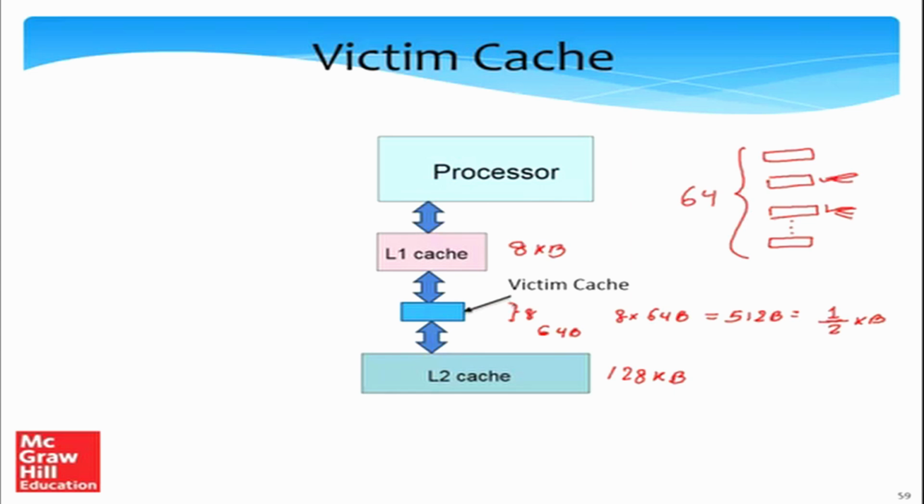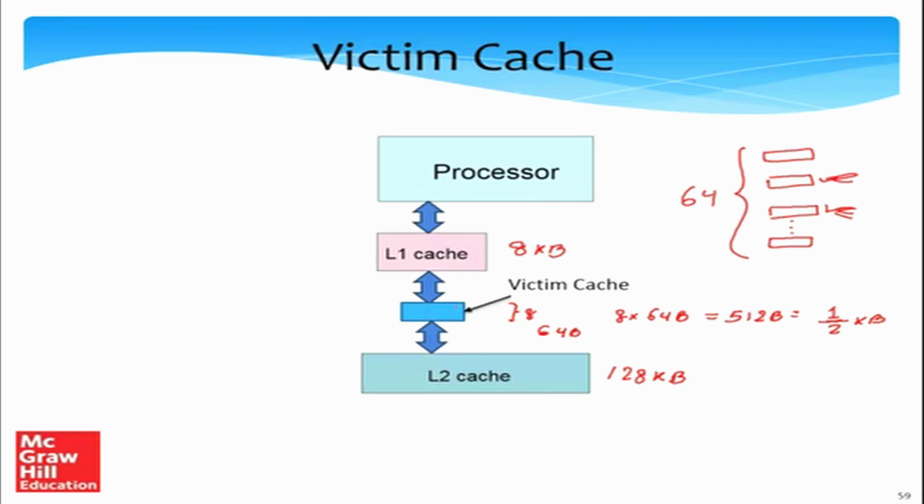For example, a half a KB cache, especially sandwiched between an 8 KB and a 128 KB cache, will have a minimal effect. But if we design the algorithm to send cache lines to a victim cache slightly judiciously, and mainly target lines that are evicted from highly accessed or highly contended sets, then most likely these lines will be accessed more frequently in the future because of temporal and spatial locality effects.